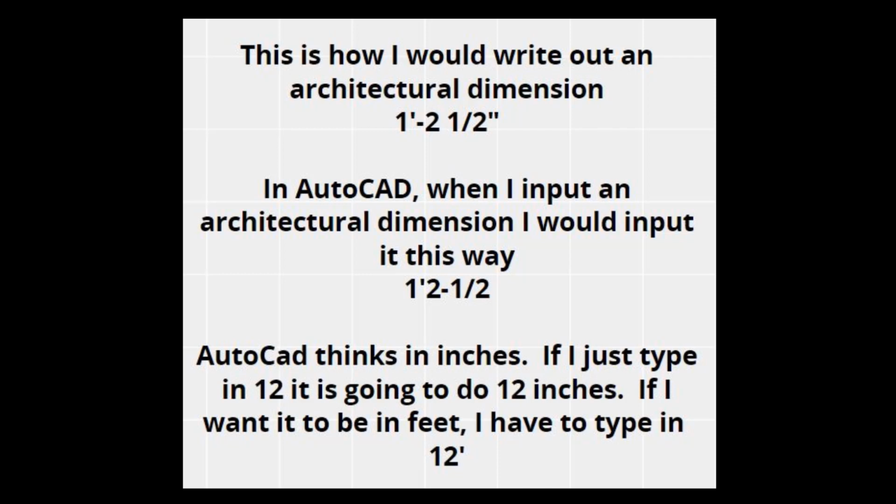In AutoCAD, for that very same dimension, I would actually put it in differently. AutoCAD thinks in full feet, full inches, and then partial inches. So to tell AutoCAD that, when I put in my 1 foot, I do that just like I would if I were handwriting it out.